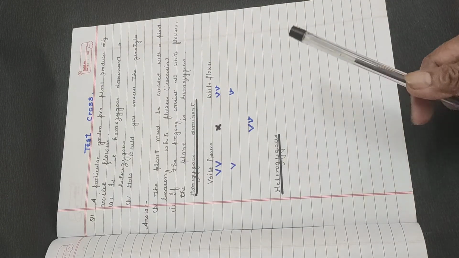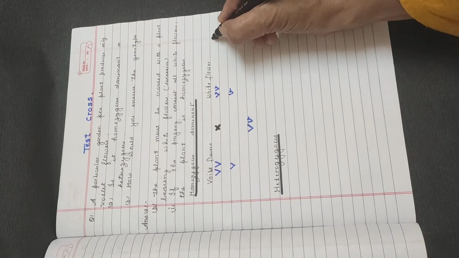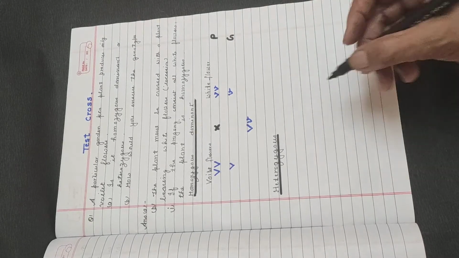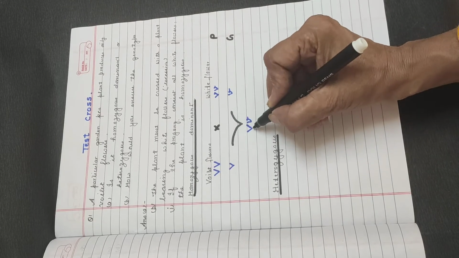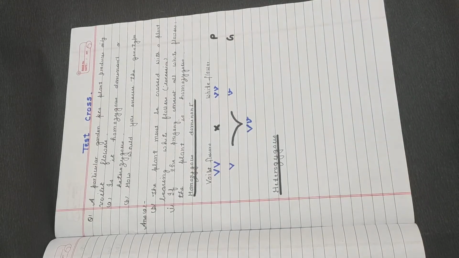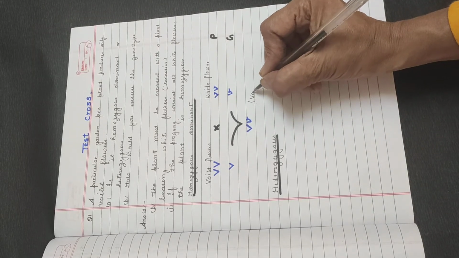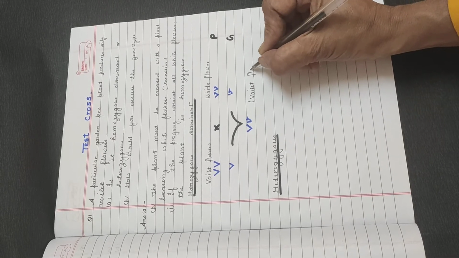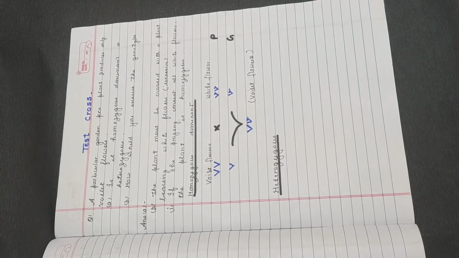Now what will the gametes be? These are parents and gametes. If we separate them, they are the gametes. And when we cross them, what will come? Capital V and small v. Because capital V is present there, it will be violet flowers. All flowers will be of violet color.